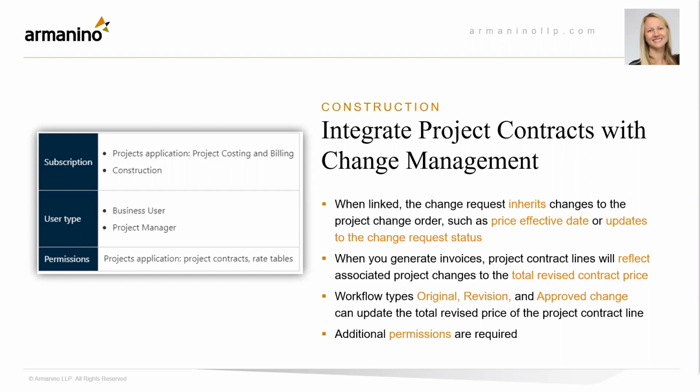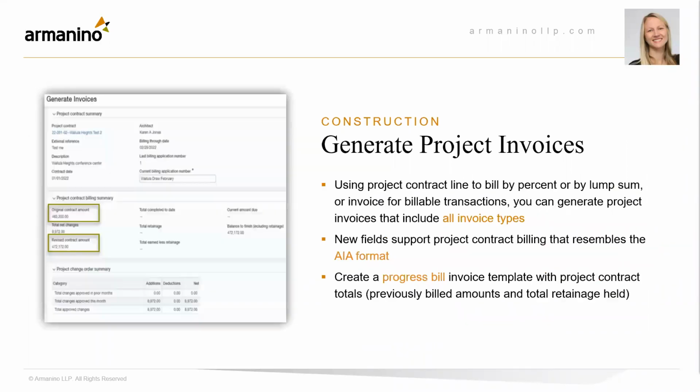And in change management, there are different workflow types, such as original, revised, and approved change. These all can be updated with the total revised price of the contract line. Again, this requires additional permissions to access, as well as the construction subscription.